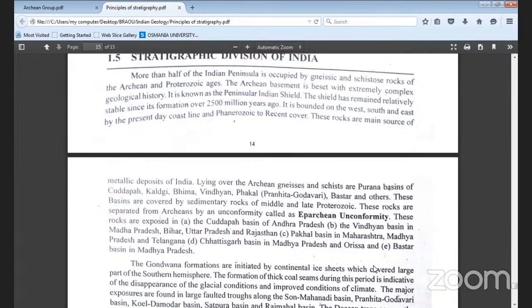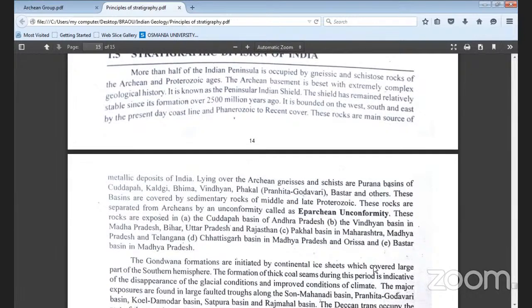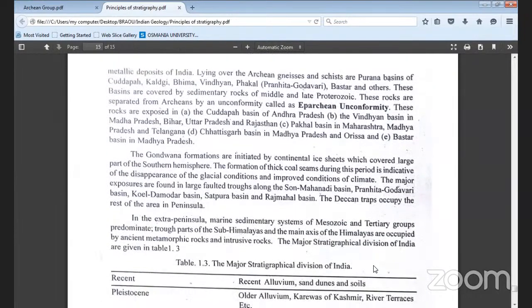The Gondwana formations were initiated by the continental ice sheets, which covered a large part of the southern hemisphere. The formation of thick coal seams took place during this period. It is indicative of the disappearance of glacial conditions and improvement of climatic environments.